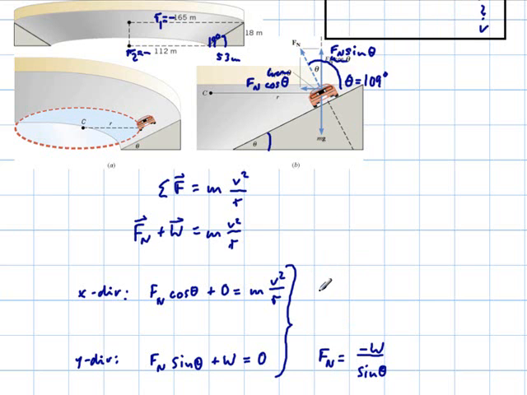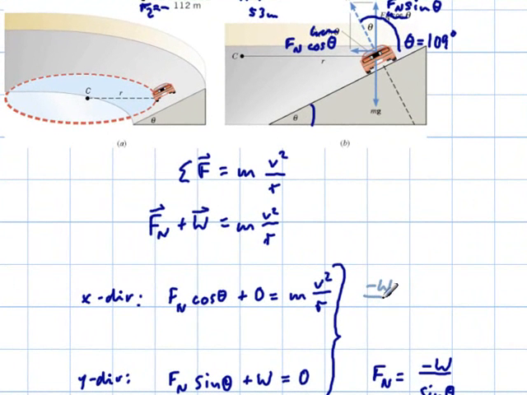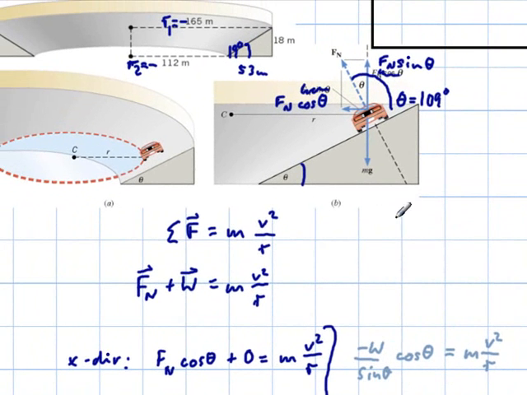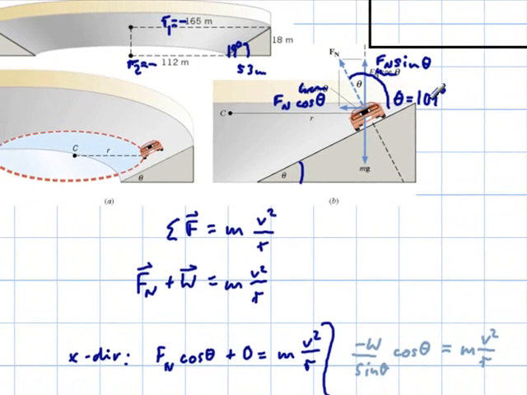I'm using a different color here. So we're going to have negative W divided by sine theta times cosine theta plus 0 equals mass times velocity squared over r. We still have a couple of unknowns, v and W, but watch what happens.